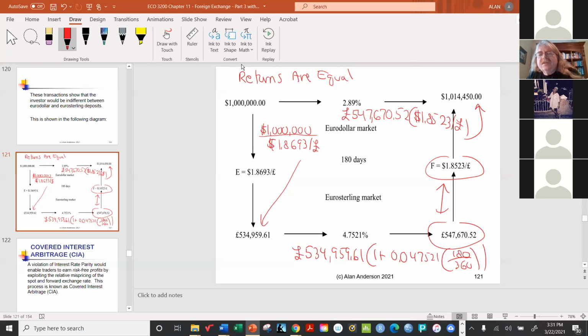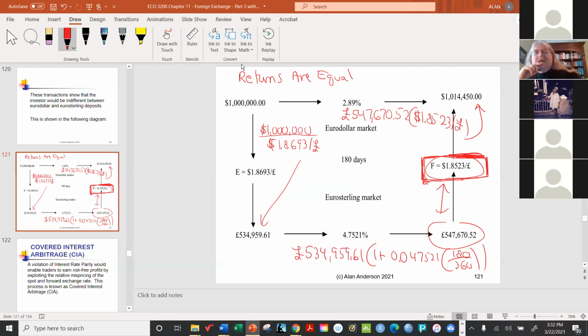And that just proves that the returns are equal in the two currencies when the forward exchange rate is at its correct value. Correct meaning the rate that is implied by interest rate parity. That's the key to the whole thing right there.